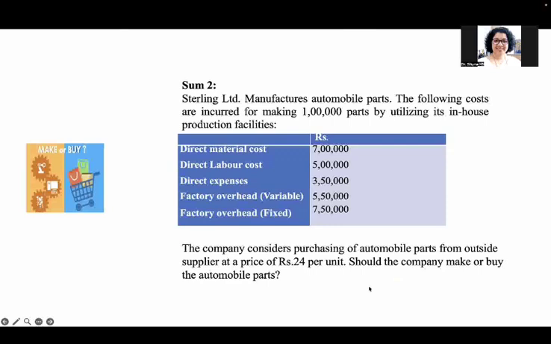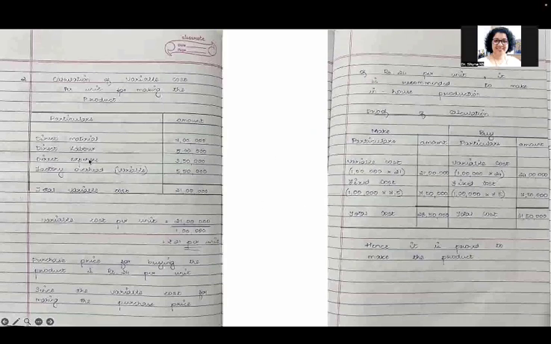So here the comparison is basically between the variable cost of both options. One is the making option, the other is the buying option. When you are considering the making option, these are the different cost components. First, we will have to calculate the variable cost part. See here, material, labor, and expenses, and factory overhead, variable part. These are the variable components, and total variable cost is coming as 21 lakhs.